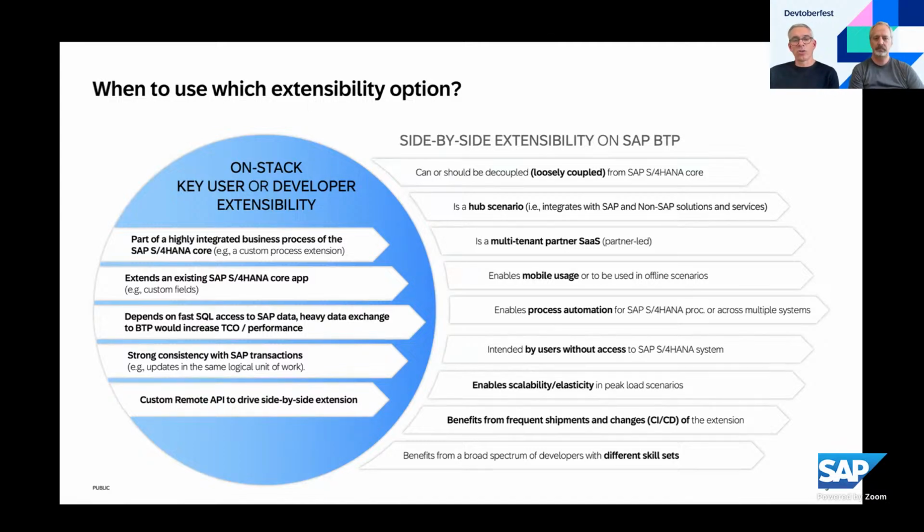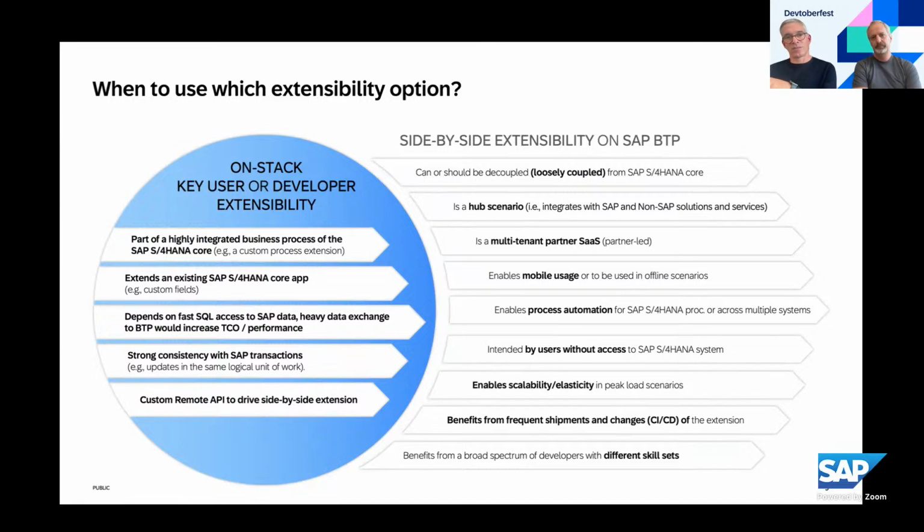And then there's a whole host of reasons why you want to go to the BTP. On the BTP you are loosely coupled, by nature, whereas on stack you are tightly coupled. What you want to do on the BTP, for example, is a hub scenario, not only spanning S4 but also other SAP products, for example SuccessFactors, where you want to create an extension that spans SuccessFactors and S4.